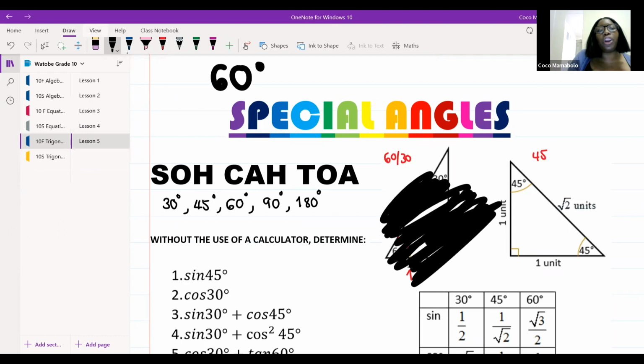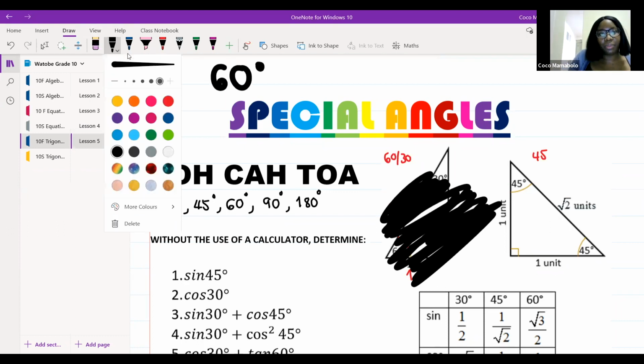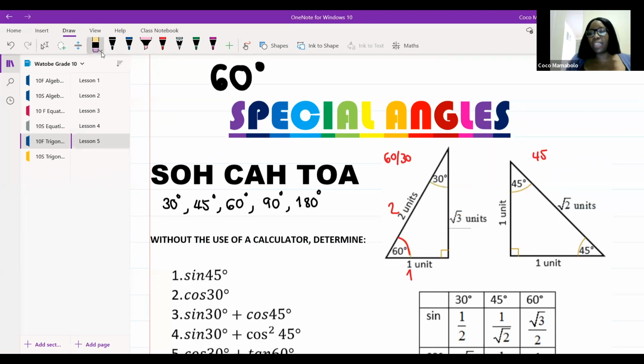Okay. And then we're going to use this to figure out the rest of it. Because if I know what my 60-degree angle is, if 1 is adjacent to my 60-degree angle and my hypotenuse is 2 and this side is √3, if I then change my theta to 30 degrees, it doesn't matter.